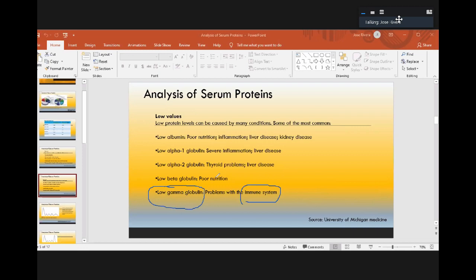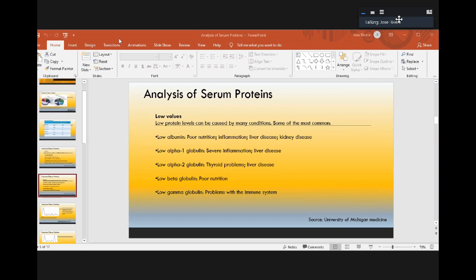Or people that have poor nutrition have low amounts of these IgGs. In some cases, there are conditions like thyroid problems or liver disease, and again, inflammation in general. Those are some of the conditions that can lead to lower serum proteins.